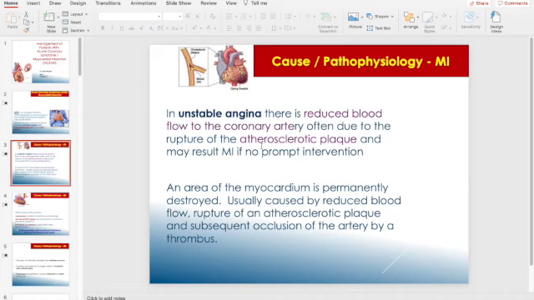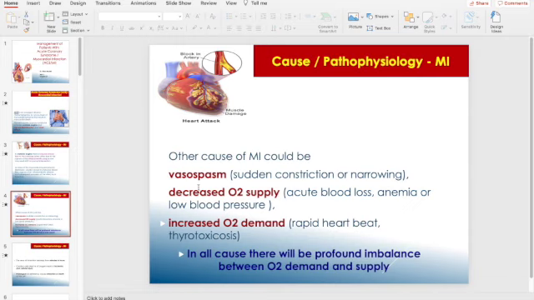In this case, an area of the myocardium is permanently destroyed, and the patient develops myocardial infarction. So you have to understand that unstable angina could lead to development of myocardial infarction.